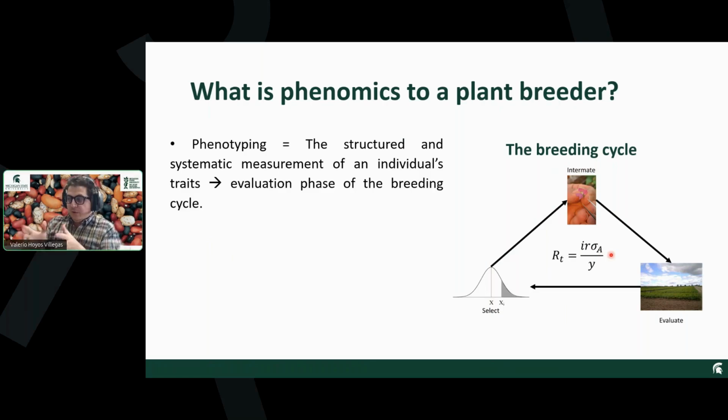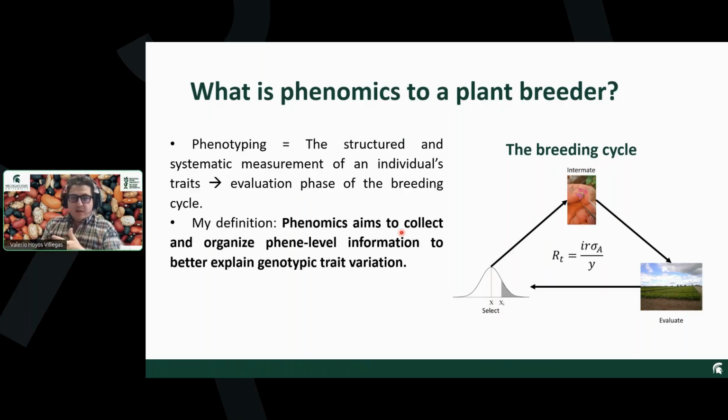So from that point of view, phenotyping is the structured and systematic measurement of a genotype or individual's traits. In other words, it's highly related with the evaluation phase of the plant breeding cycle. And an extension of that, in my own words, is that phenomics aims to collect and organize phen-level information to better explain the underlying variation, or dissect trait variation.